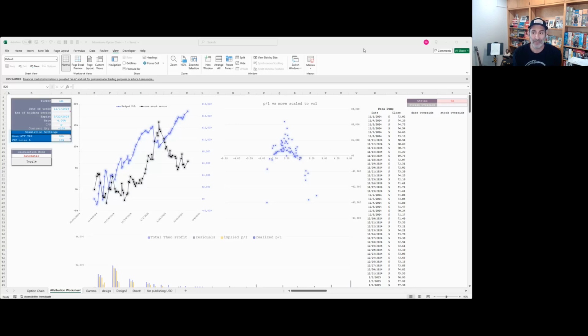If you had a delta, you could have attributed delta P&L as well. Let's say I own these straddles, and I also own 1,000 shares of stock. In the case where the stock went up 1%, you'd make 1% on 1,000 shares, and that would just be your delta P&L.